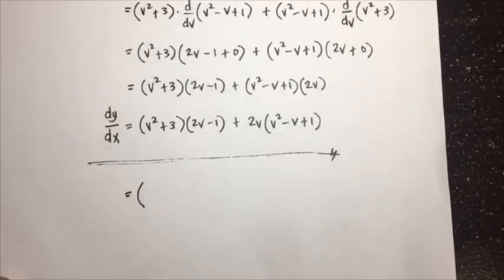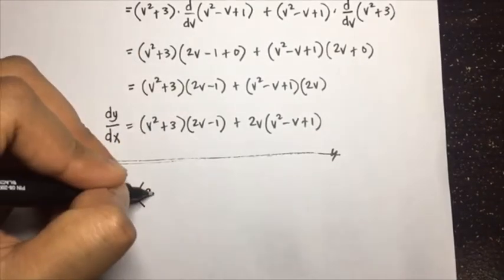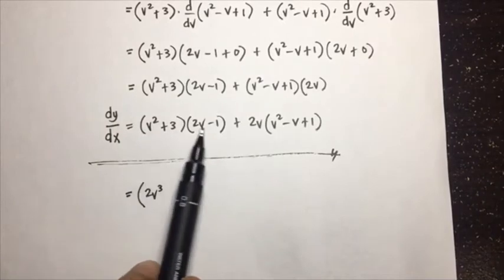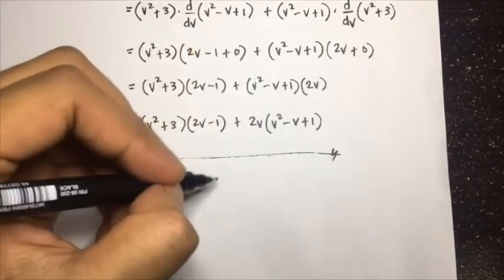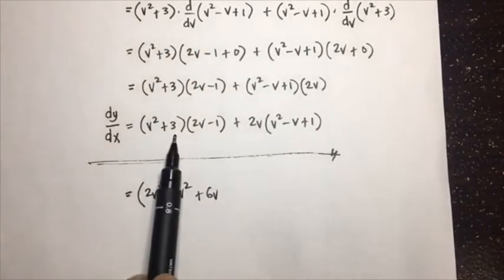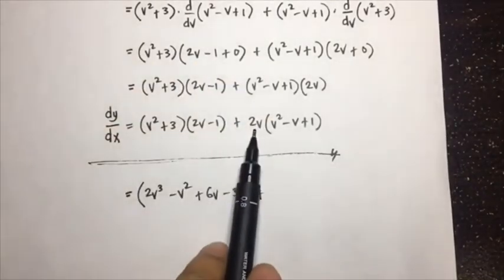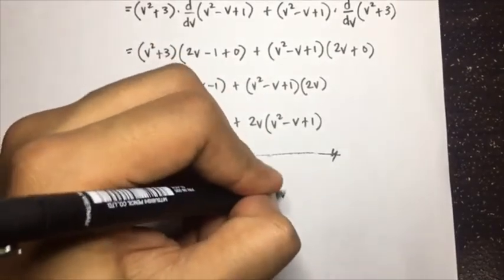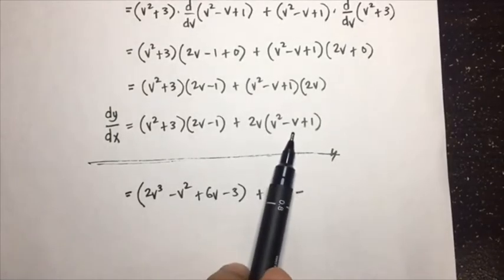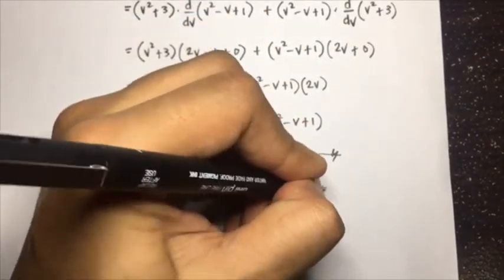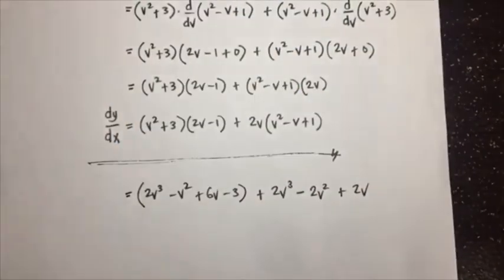So v squared times 2v, that is 2v cubed. So v squared times negative 1, so minus v squared. 3 times 2v, so that's plus 6v. 3 times negative 1, that is negative 3. Then plus, distributing this, so 2v times v squared, so that is 2v cubed, minus 2v times v, so minus 2v squared, and then plus 2v times 1, so that's 2v.